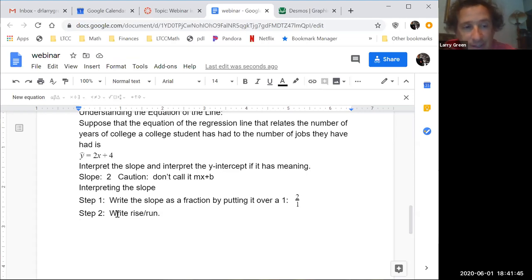Step 3. The rise is the change in y. So interpret what a change in y means.